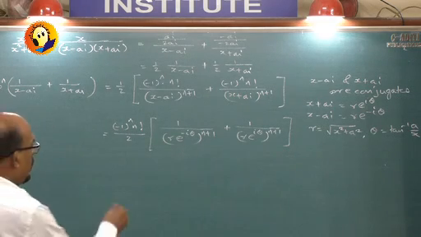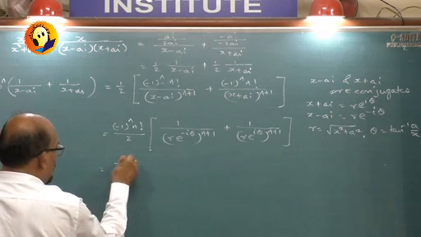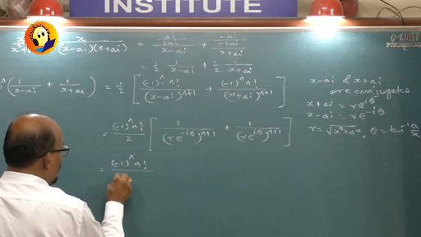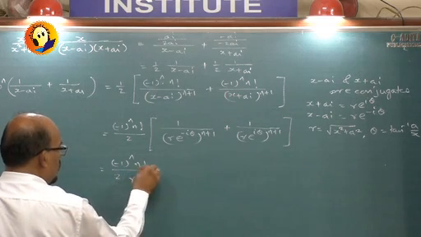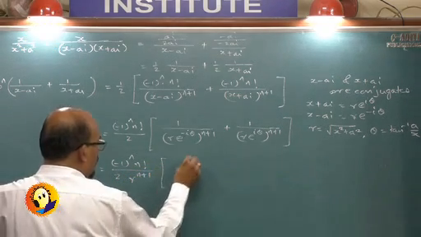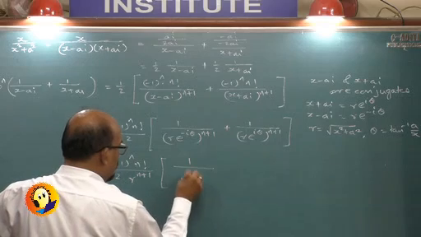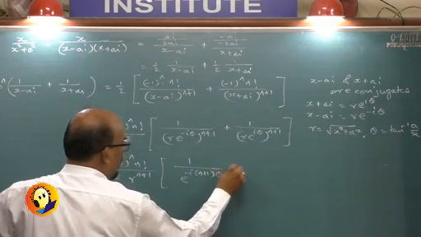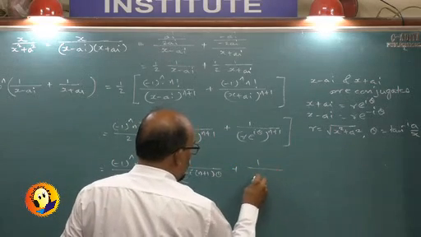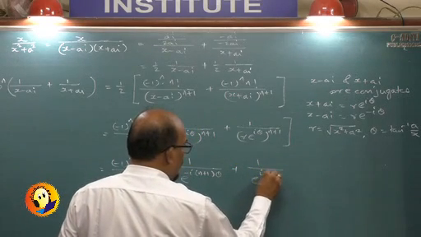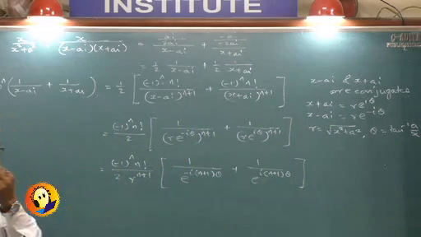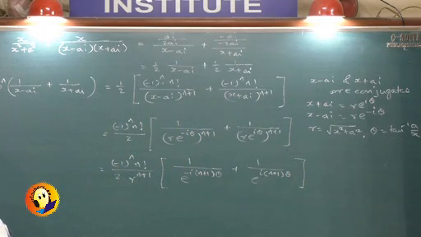Right? So from both of them I can take 2 into r raised to n plus 1 common. It becomes 1 upon e raised to minus i into n plus 1 theta plus 1 upon e raised to i into n plus 1 theta. Right?